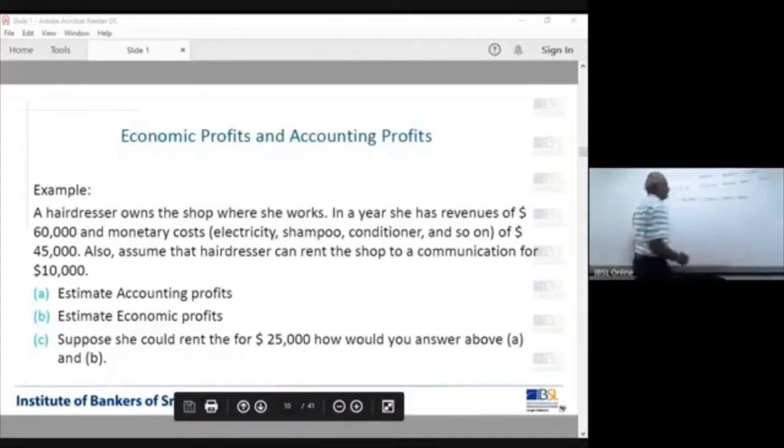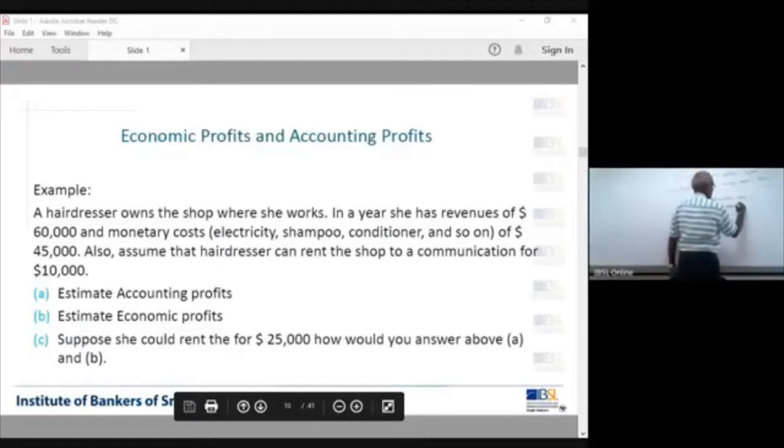No change. Rent increases to 25,000. Now, economic profit. How do you calculate it? 60,000 minus 45,000 minus 25,000.